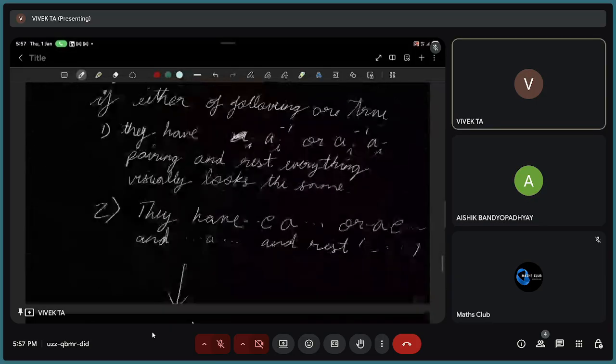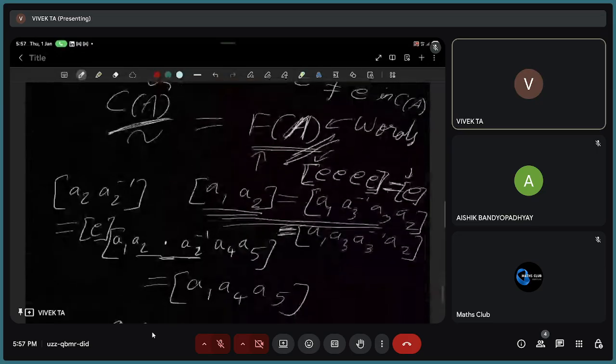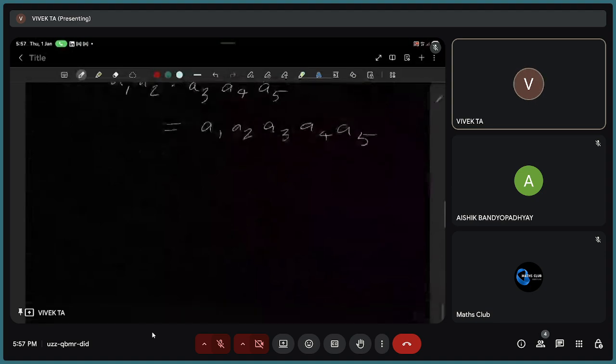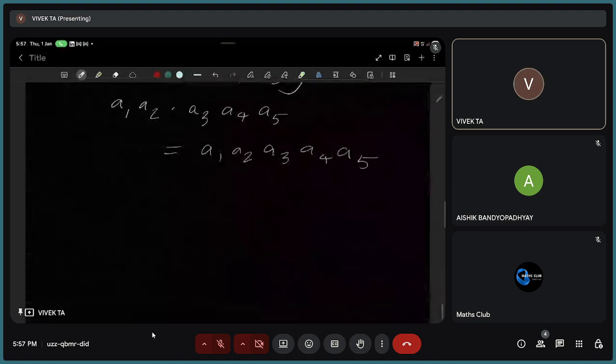But C of A wasn't a group. So now we formed a group from that. How can we call this a group? Because now things like these follow: a1 inverse is equal to the inverse of a1. You can define it like this, or rather, the definition goes the other way around.